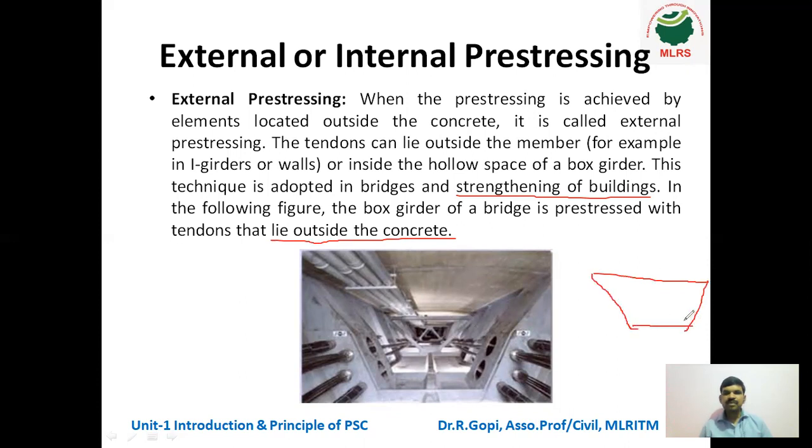Inside the box girder, all these pre-stressing wires are called tendons. These tendons are placed outside the members. So this external pre-stressing is widely used in bridge construction.